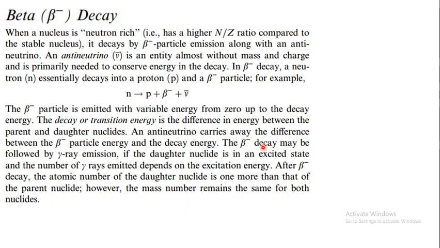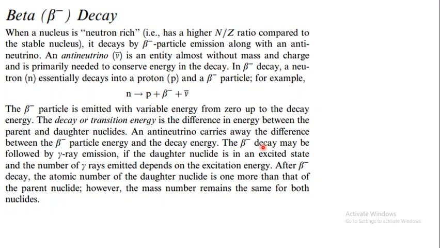Okay, so this is another decay process, which is accompanied by the emission of beta radiation. Why does the beta decay process proceed inside the nucleus? When a nucleus is neutron rich, that is, has a higher neutron to Z ratio, it means the neutron number is enriched inside the nucleus.